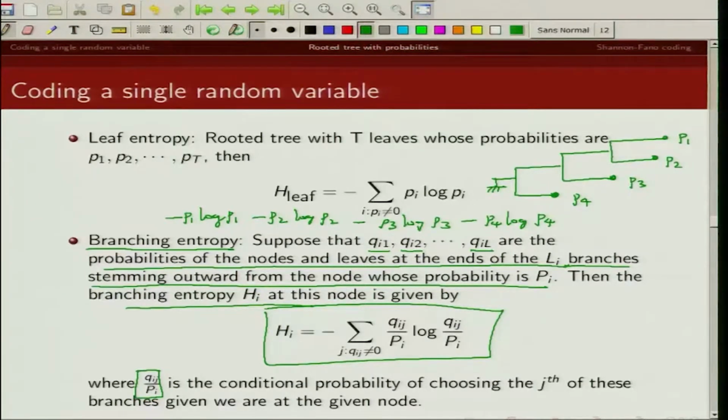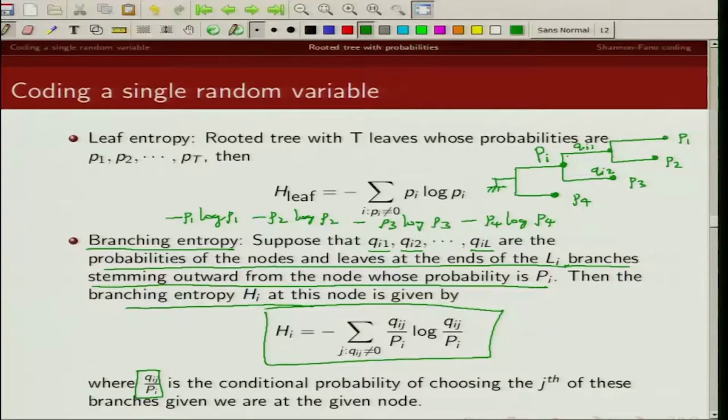Now if we want to compute the branching entropy, let's take this node, and let us say that the probability of this node is capital Pi. Now there are 2 branches leaving from this node. Let's say the probabilities of these branches are Qi1 and Qi2.